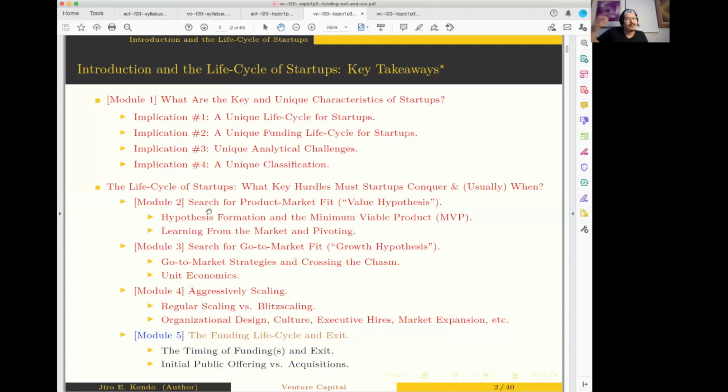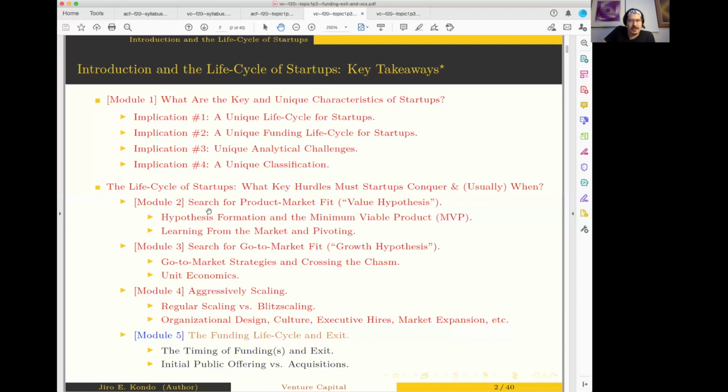So we'll talk a little bit about that sequencing of financing in startups, and I'll give you a bit of a sense of what that usually looks like in the real world.